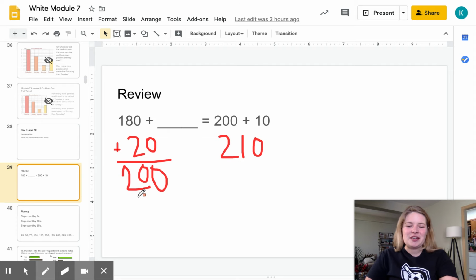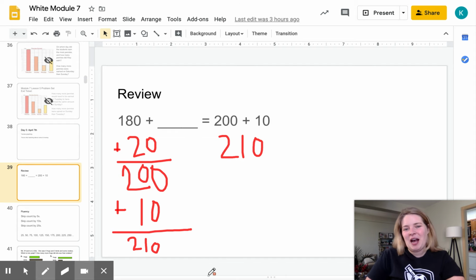How far is 200 away from 210? 10. So how much did we add to 180 to get to 210? Well, first we added 20, then we added 10. 20 plus 10 is 30. So our answer is 180 plus 30 equals 200 plus 10.